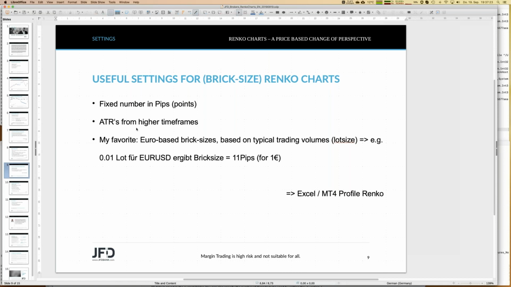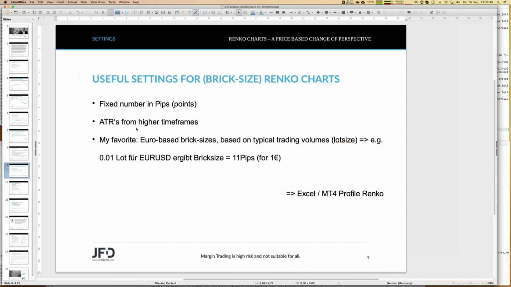But now let's go for our typical trading volume. Let's go for a typical euro value which is good for our trades. For example, for those minimum volume trades, a 1 euro size might be a good idea.